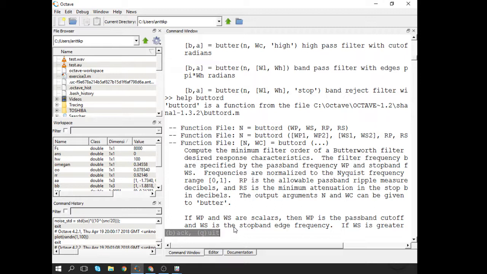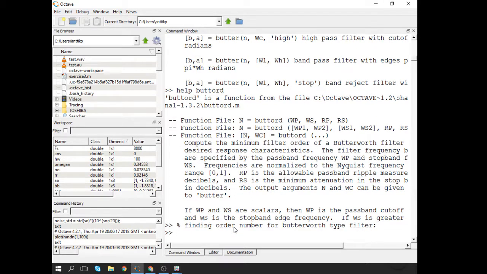For example, the order number for Butterworth type filter with the following coefficients. Stop and start frequency, let's put this one for example at 1 kilohertz.